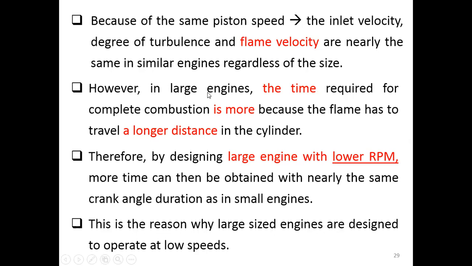In a large engine, the time required to have complete combustion is more, because the flame has to travel a longer distance in the cylinder. You have a bigger cylinder for the large engine, so the flame has a longer distance to travel. Since the large engine needs more time, you design it to run at a lower RPM.